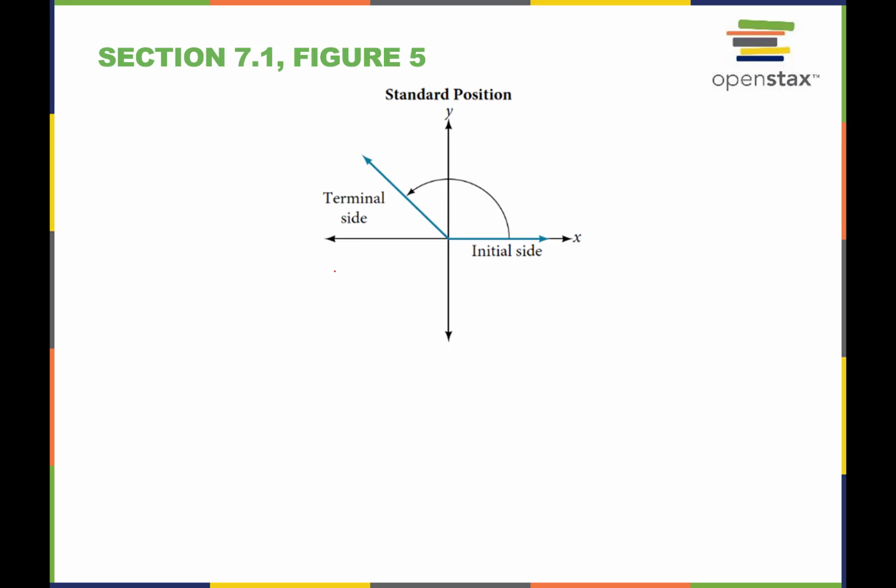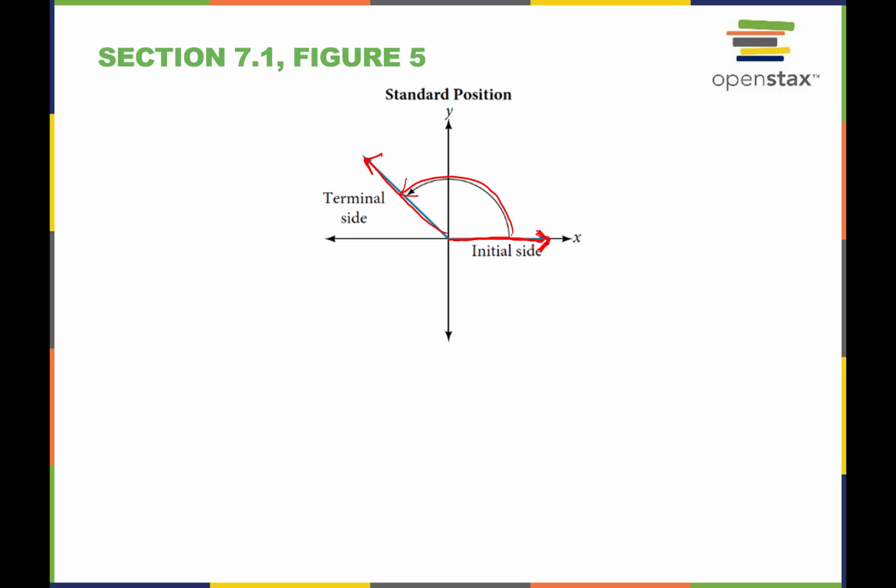If we want an angle in standard position, the initial side needs to be on the positive x-axis, so on this side of the x-axis. And then when we sweep it open from there, that creates our terminal side. So in order for something to be in standard position, the initial side has to start on the positive x-axis and sweep open.